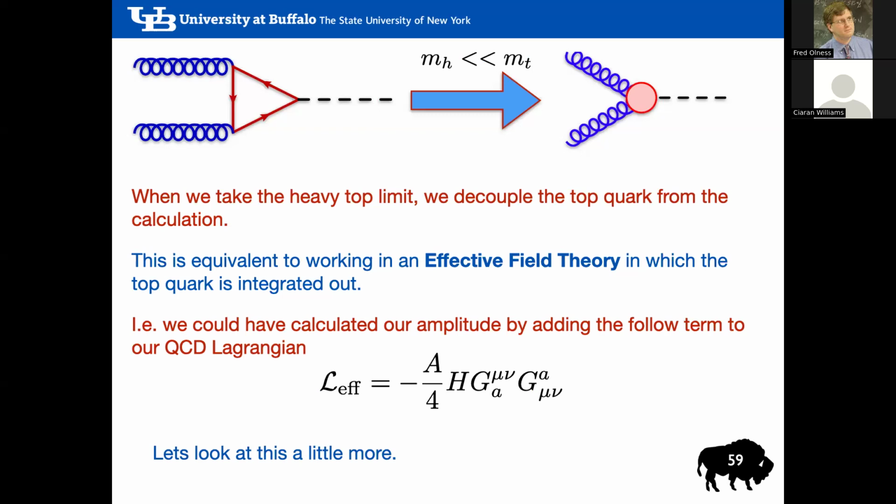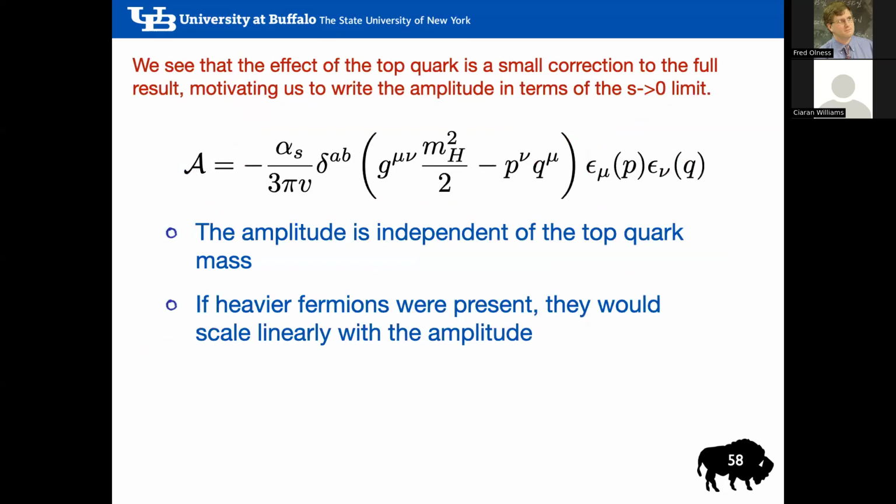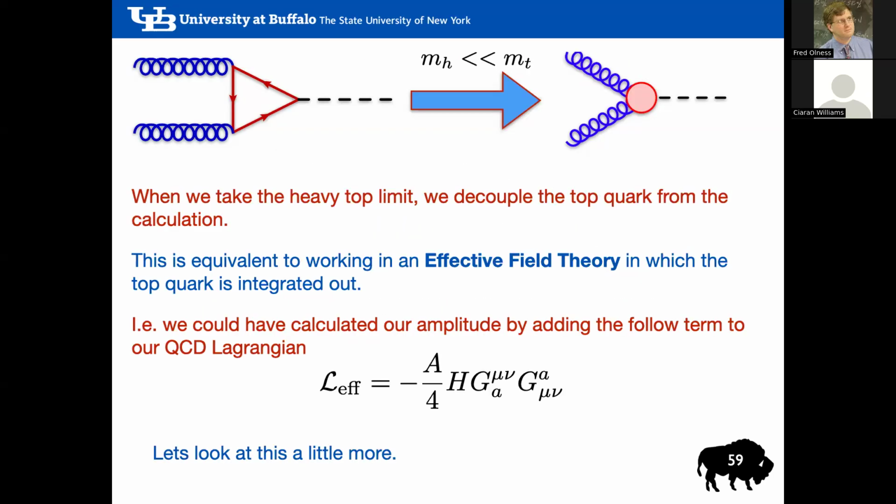What we are effectively doing when we perform this limit is we're saying that the Higgs is much, much lighter than the top, which is a fairly questionable approximation. But if that were the case, then I could replace this loopy structure here with this vertex here, because I can imagine this is essentially a Feynman rule that couples my gluons to my Higgs.